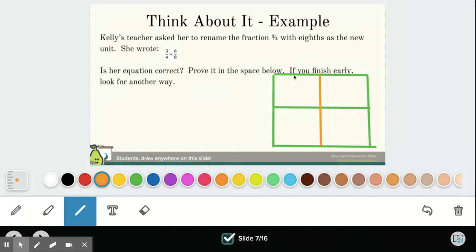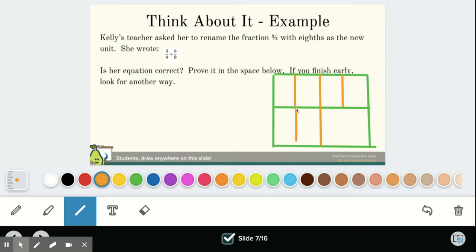And then for this one, let me do a better job here. I'm going to make it have 4 parts. Okay. And I'm going to continue here. Let me create the other one that's going to have 8 parts. I want to do this to show you if we can find out if these are equivalent fractions.